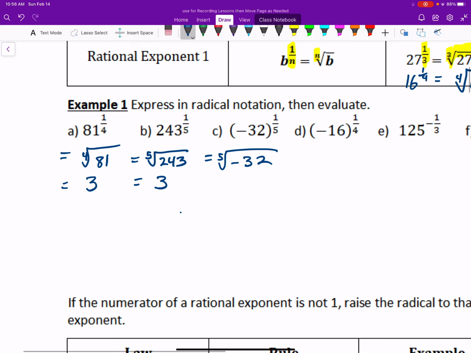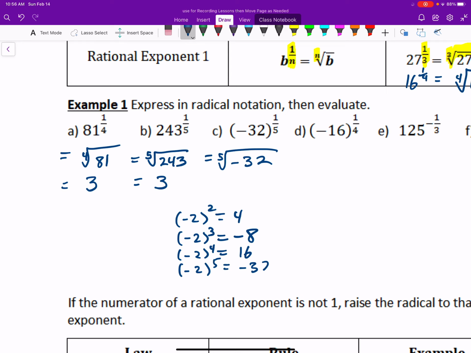If I had negative 2 squared, that would equal a positive 4. But if I had negative 2 to the 3, that would equal negative 8, because multiplying negative 2 by itself 3 times gives a negative answer. Negative 2 to the 4 would equal positive 16. Negative 2 to the 5 would equal negative 32. So these odd numbers do let us get negative answers.